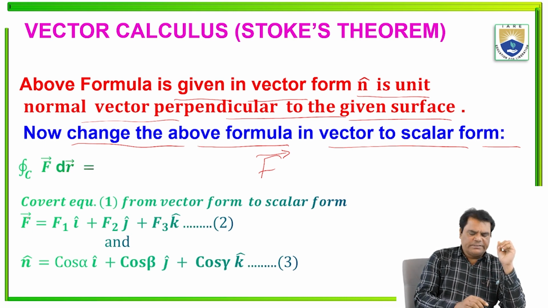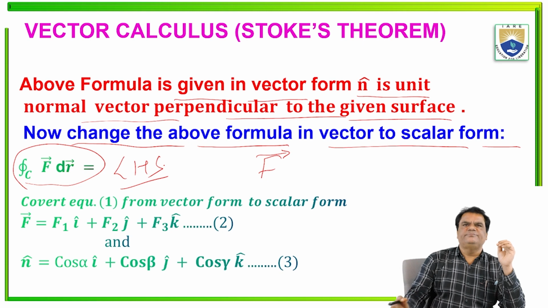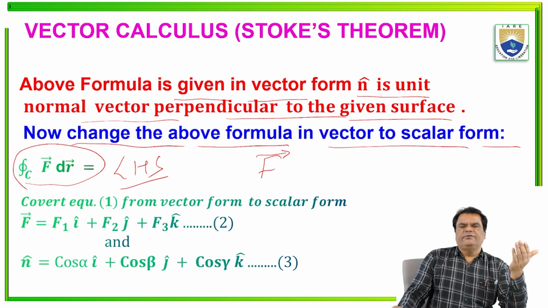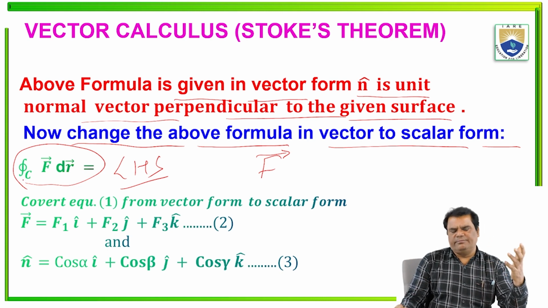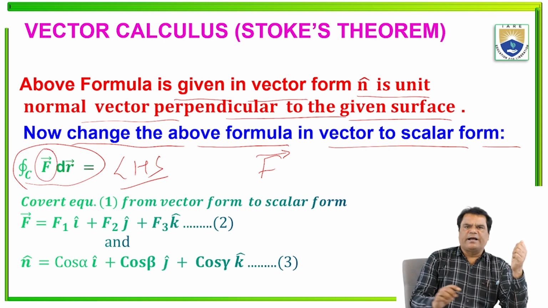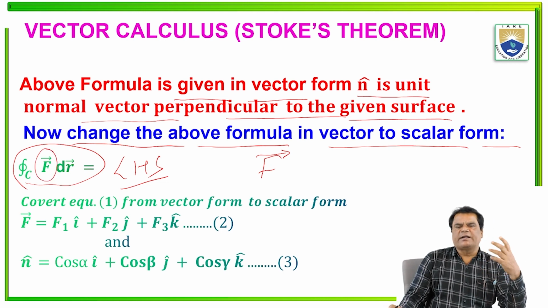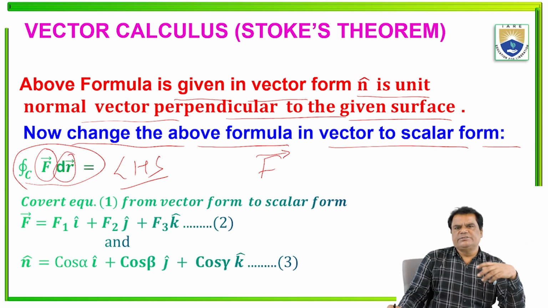First, this is the line integral, the left hand side, LHS. The left hand side of the formula is the line integral, the integral over C, where C is any curve, F is the vector point function, and dr is the vector form of the differentiation of the position vector at a given point on the surface.